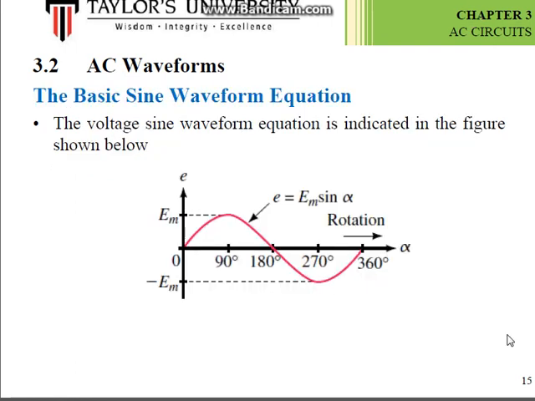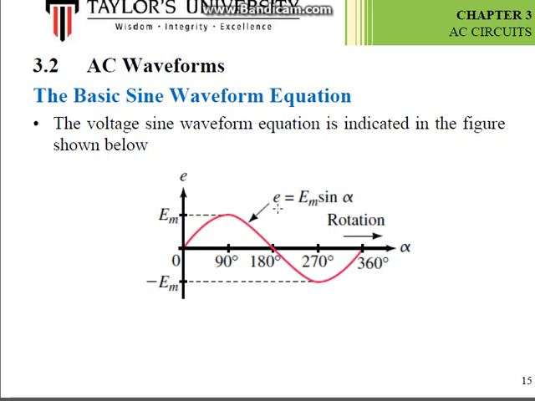Just a representation of how we indicate a sine wave. As we know, a sine wave is the shape of a slinky, like an S shape. It starts from 0 and ends at 0. Let's say this is E here, it can be F, it can be I, it can be V, it's just a notation.